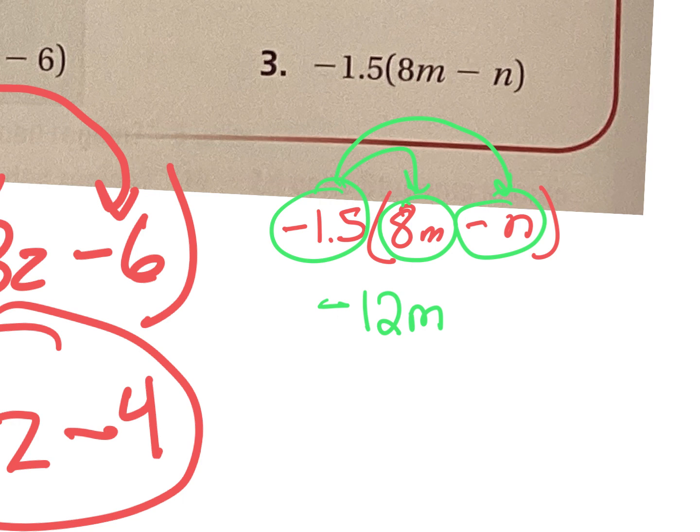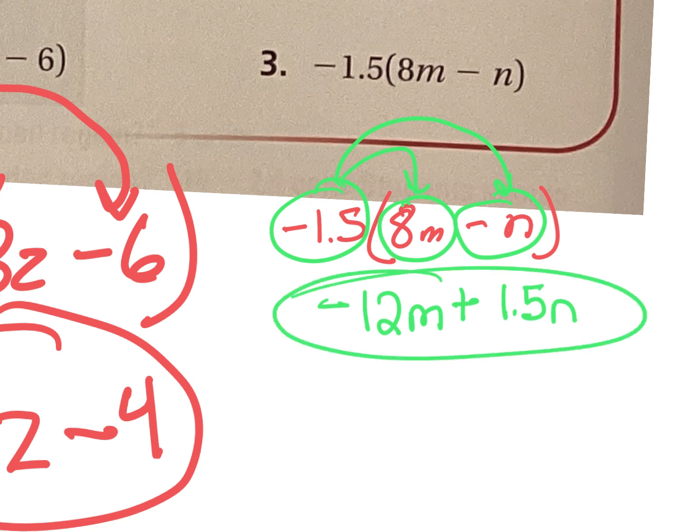And then a negative 1.5 times a negative n gets me a positive 1.5, oops, that should be an n. And they're not the same variable, so I can't put them together. Okay, and that is my answer.